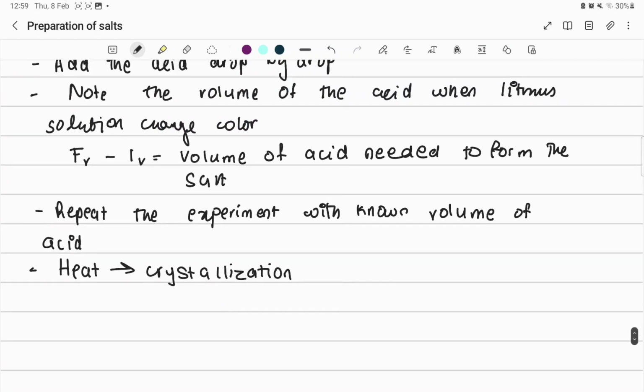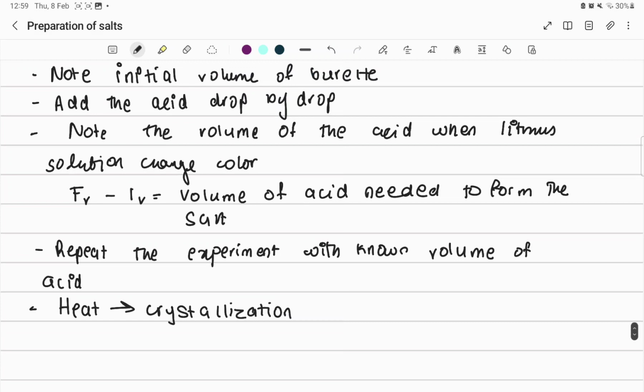Now, they might ask you an alternative method, and your alternative method would be that instead of repeating the experiment, so from here is where your chain, you can have a different method.